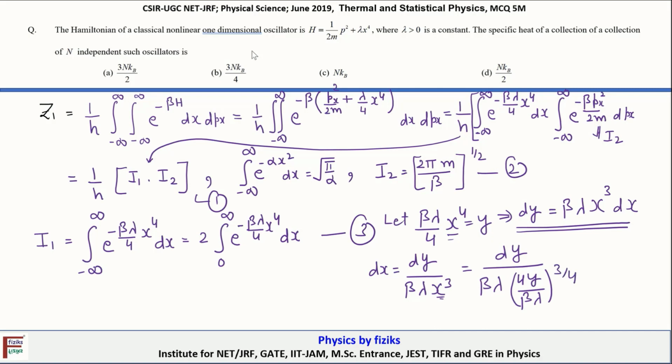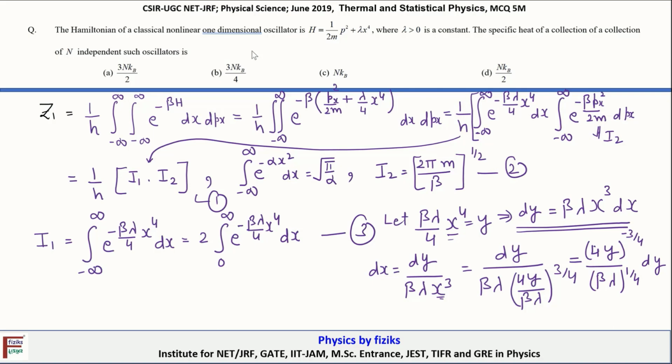And after cancellation of a few terms, or after adjusting all the parameters, dx comes out to be equal to 4 power minus 3 by 4 divided by beta lambda power 1 by 4 dy.